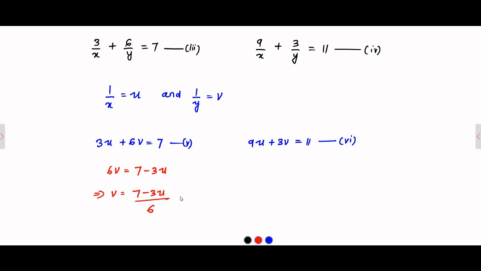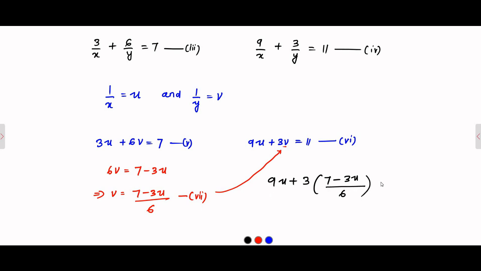Let's call it equation 7. Now we substitute this v here: 9u + 3v, and in place of v we put (7 - 3u) by 6, so that the entire equation is in terms of u.